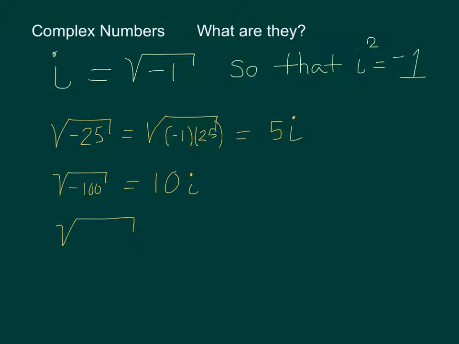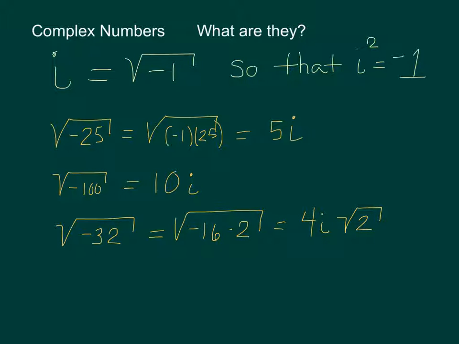The square root of -32 we might want to think of as -16 times 2, or 4i, that's the square root of -16 times the square root of 2. So this is how we use imaginary numbers.